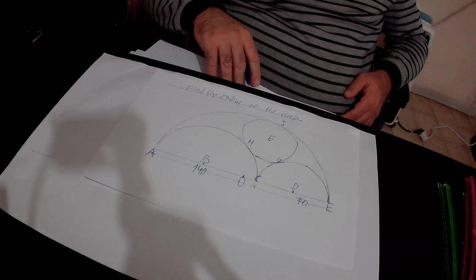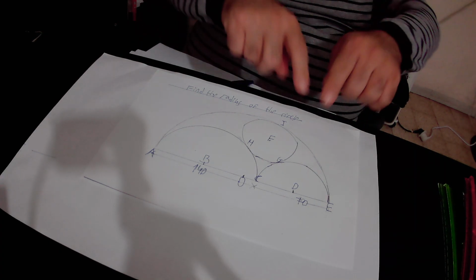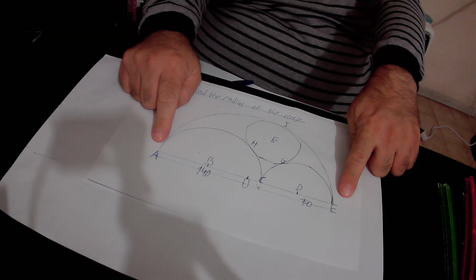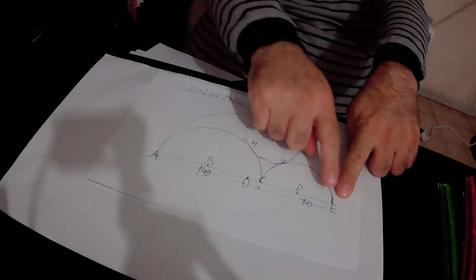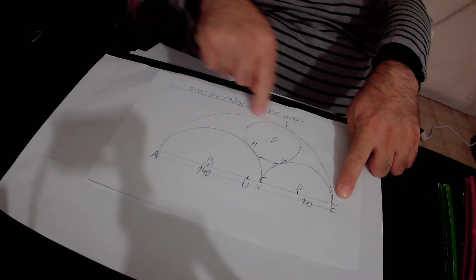But what is line segment AE? From the drawing, it is very easy to see that line segment AE is the diameter of the biggest semicircle.